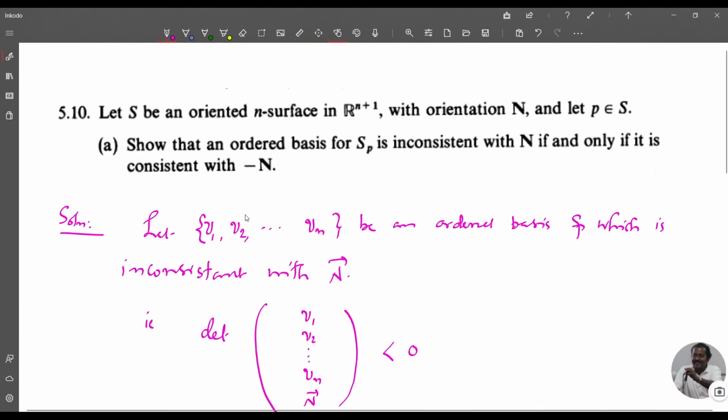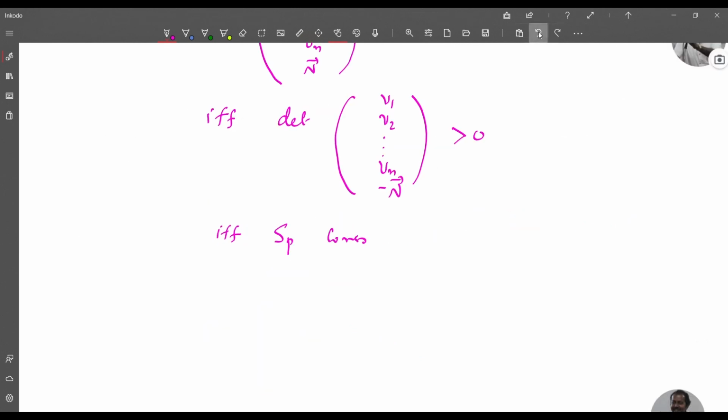So this is if and only if the ordered basis for Sp is consistent with minus n.